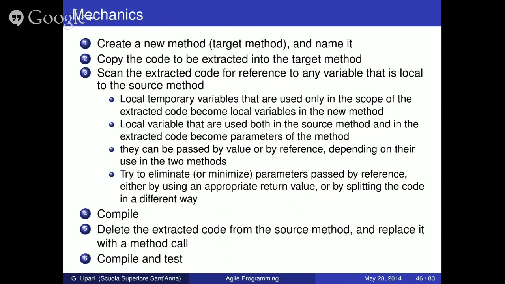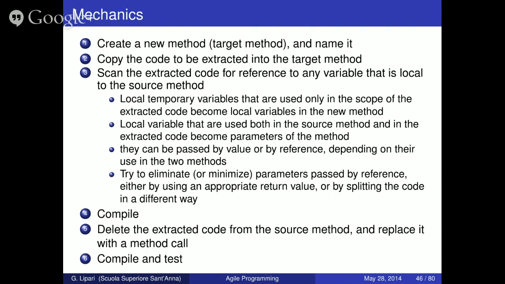Then you look at the extracted code for reference to any variable that is local to the source method. Local temporary variables that are used only in the scope of the extracted code become local variables in the new method. Local variables that are used both in the source method and in the extracted code become parameters of the method.